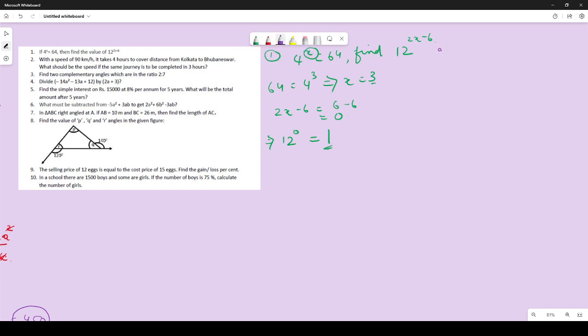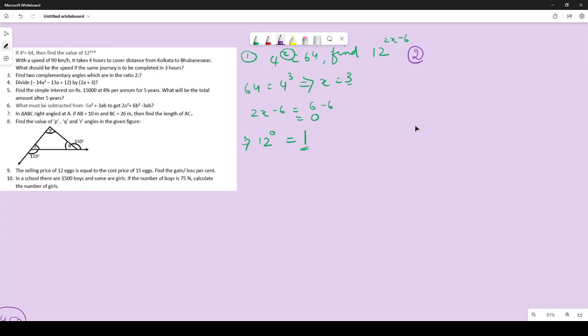Now let us take the second question. With a speed of 90 kilometers per hour, it takes 4 hours to cover a distance from Kolkata to Bhubaneswar. What should be the speed if the same journey is to be completed in 3 hours? Now let us first find out what is the distance.